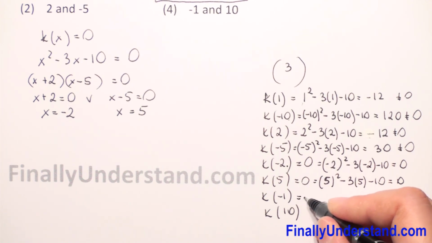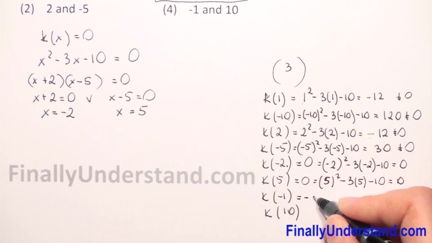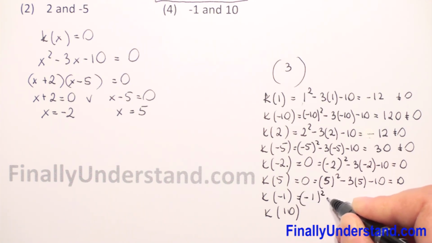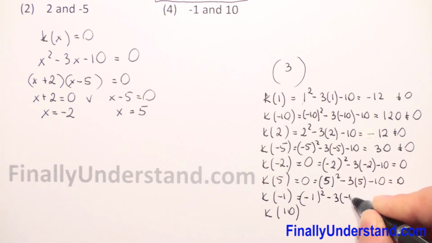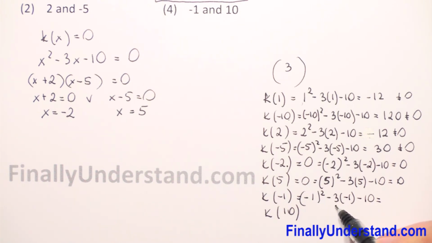When we substitute x by negative 1, what will it be? So this is 1 plus 3 is 4 minus 10, it's negative 6.